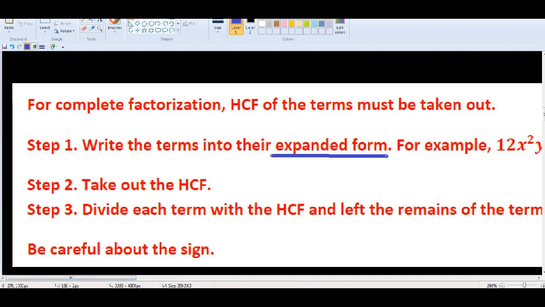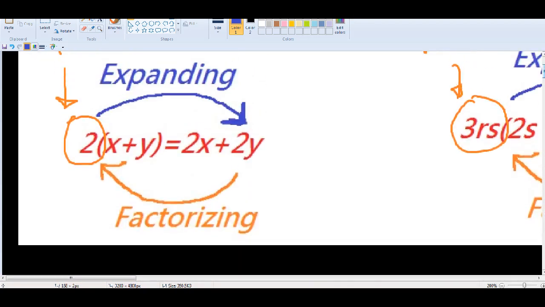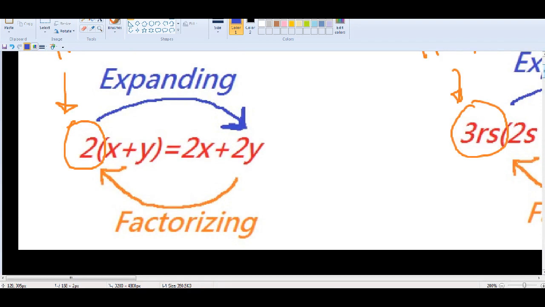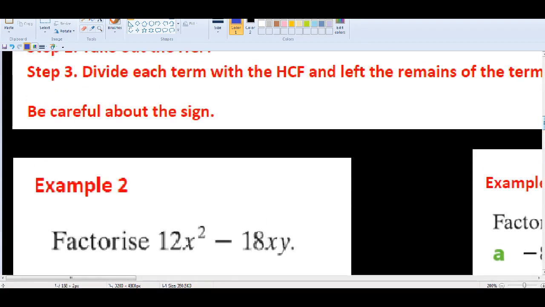Next, take out the HCF. What do we mean by take out? You need to take that HCF to the front, and then add a bracket behind it.